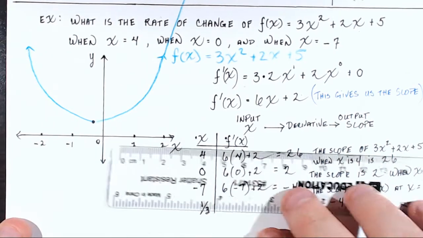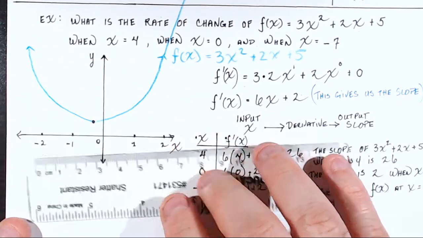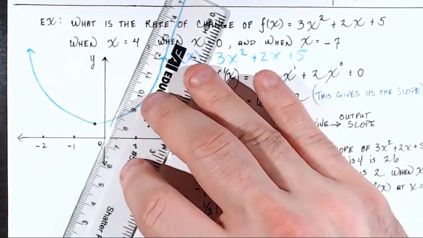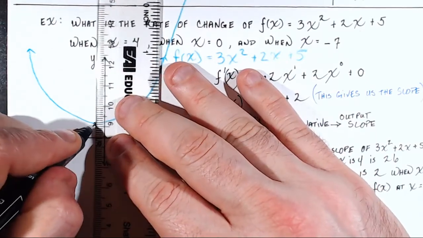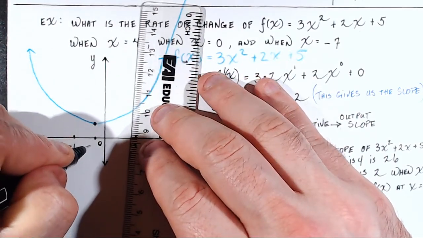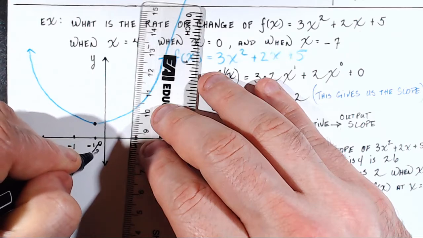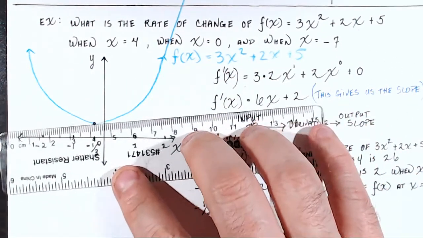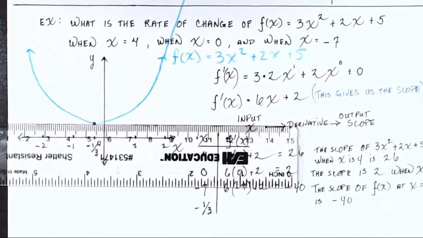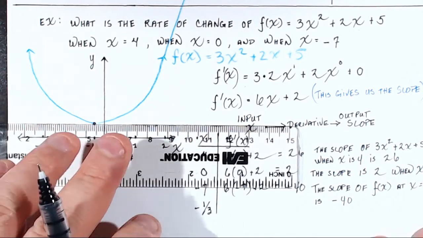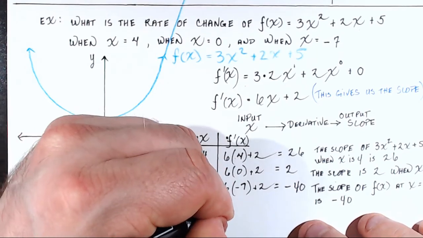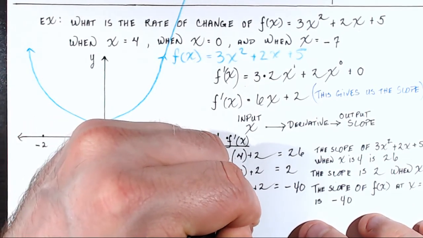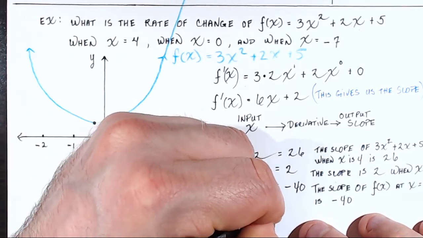So what do we anticipate it to be? At that vertex, oops, I meant -1/3. Okay, the vertex is at -1/3, right here. So when x is -1/3, what do I think my slope is going to be? I think it's going to be 0, all right? So let's plug it in.